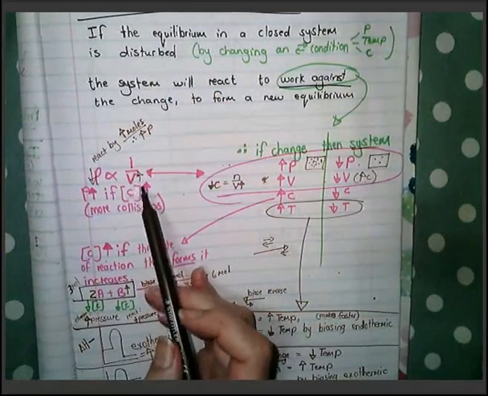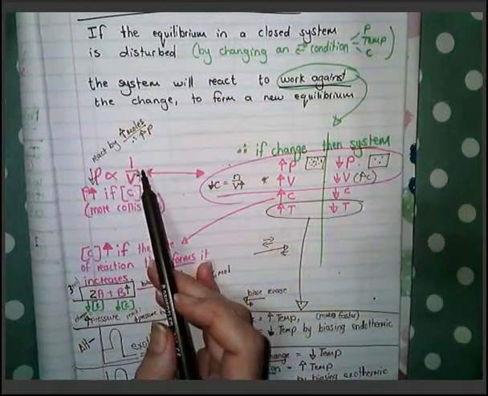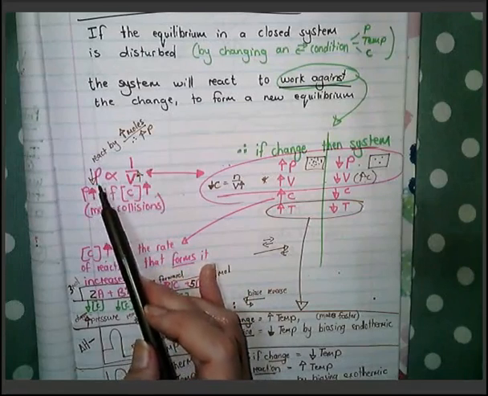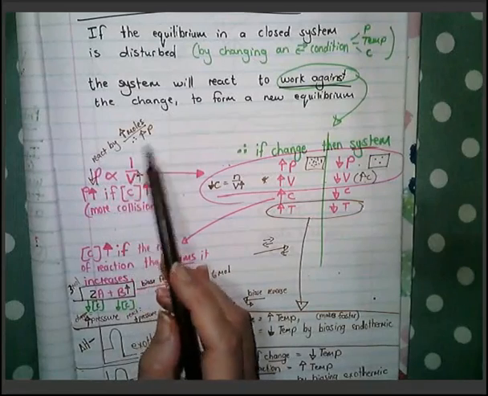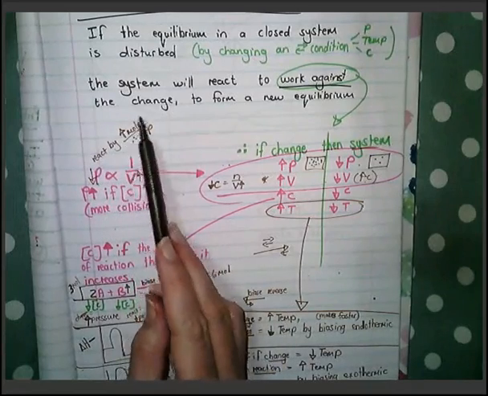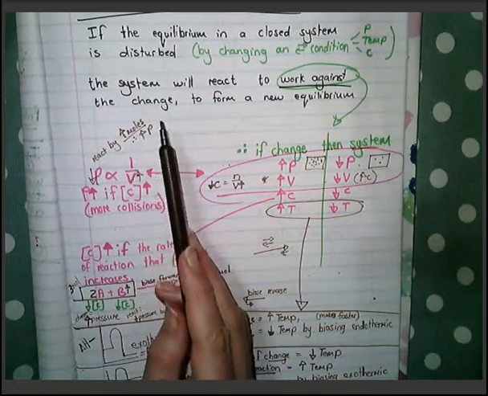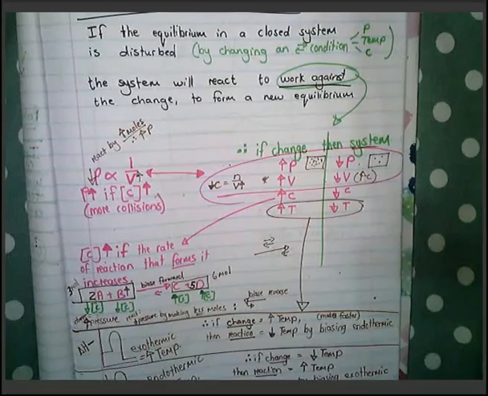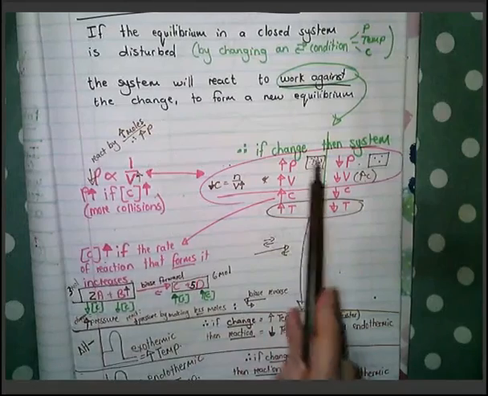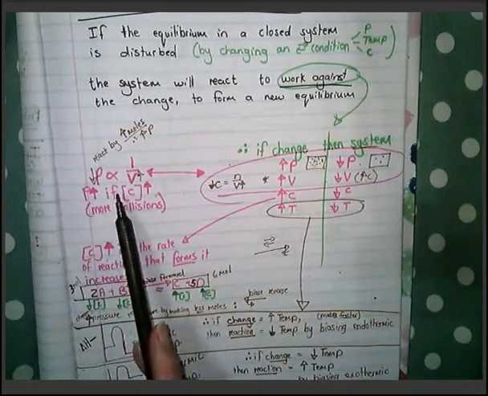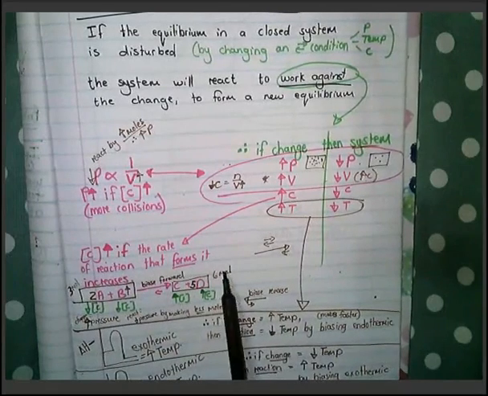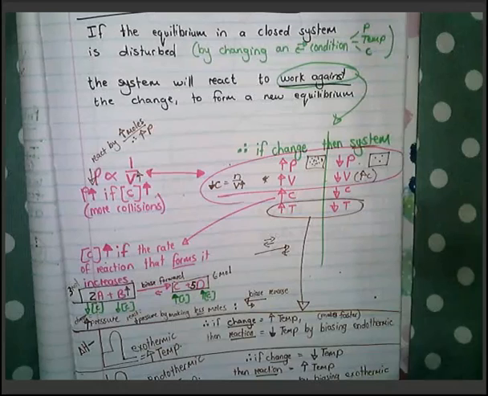So for volume, if the volume increases, that implies a decrease in pressure. The system will try to increase the pressure by making more moles, because more moles of particles will collide more, which is equal to a higher pressure. All right? So that's what the system does with volume change. This is what the system does with pressure change and with concentration change. Okay.